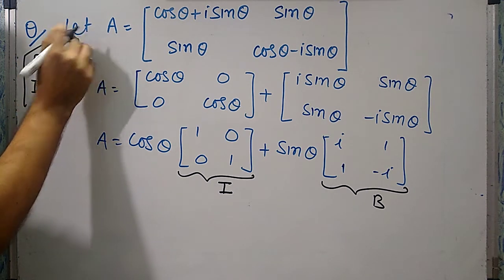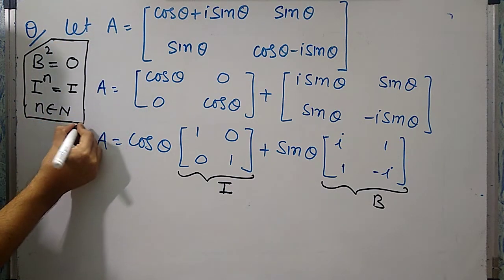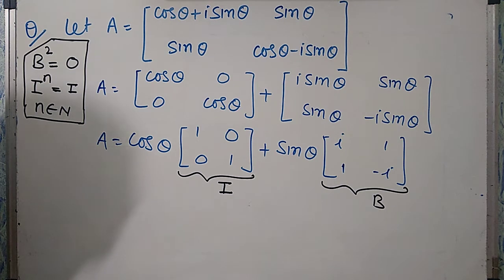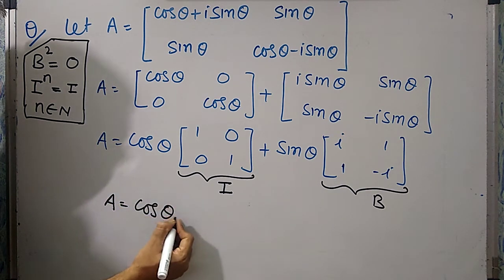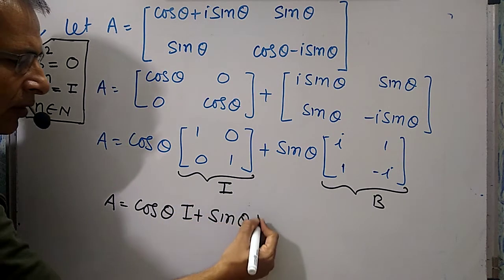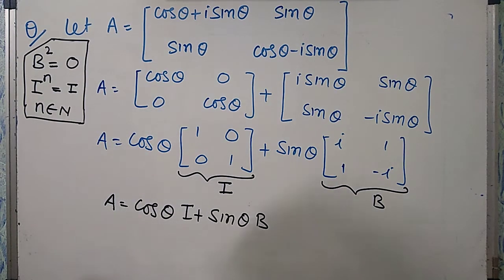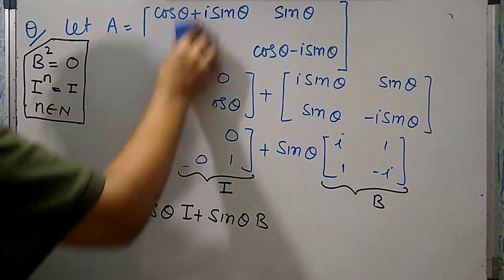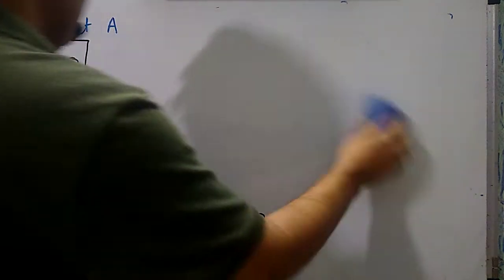So we have to use these two results in the next steps. So now we have to define matrix A = cos theta times I + sin theta times B, right? Now then we have to define A to the power n.